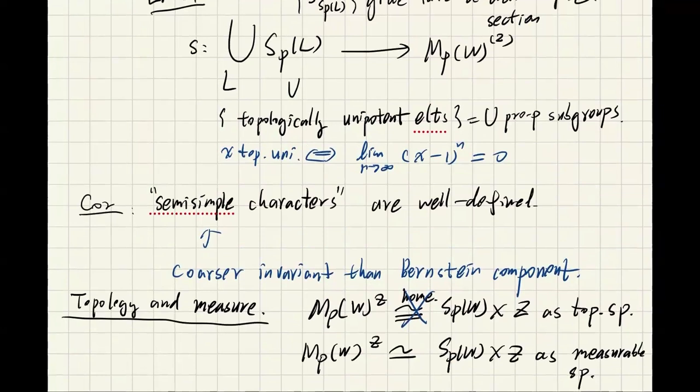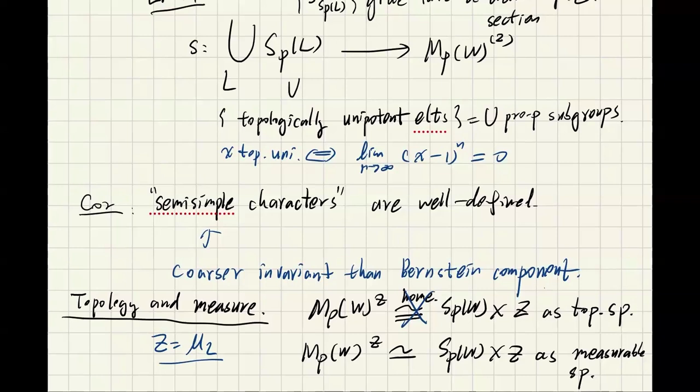There are a lot of other things, like the topology and the measures on the metaplectic group. The point is that as a topological space, the covering is not a product space. If it were a product space, then the metaplectic group would be a disconnected group, because mu2 is disconnected. But actually the metaplectic group is a connected group. I should not explain it in the p-adic case, because a p-adic group is totally disconnected.